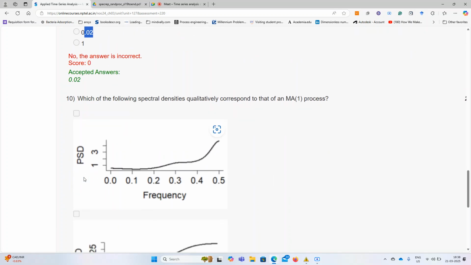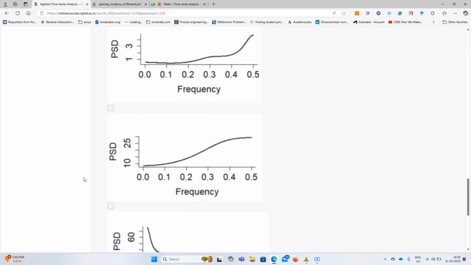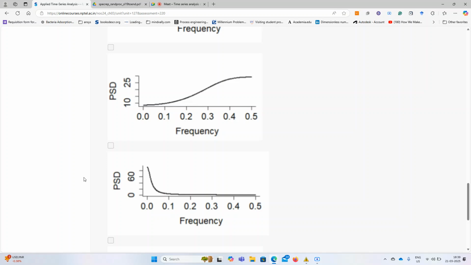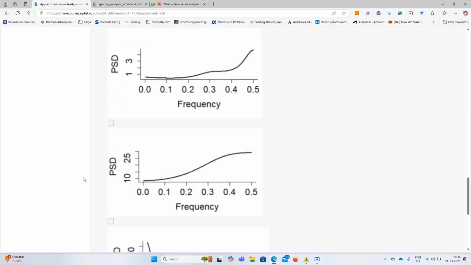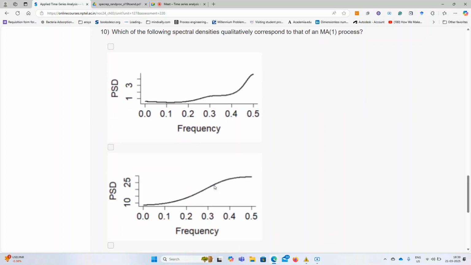Which of the following spectral densities qualitatively correspond to that of an MA process? Any MA process would not have these bumps. No two maxima would be there. So the first is gone.